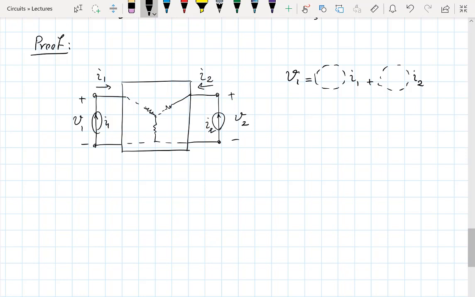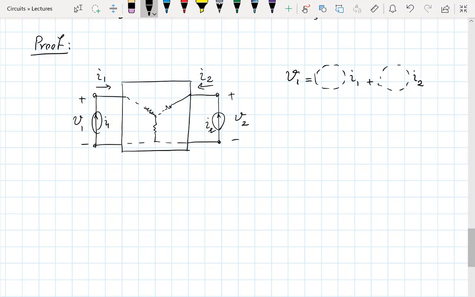Remember with superposition, we said that you can do it for one source at a time and add up the results. And given that this is a linear circuit, you would expect that the dependence of that variable you're interested in, that voltage in this case, V1, the dependence of that on either of these current sources, you would expect it to be a simple proportionality, a linear dependence.